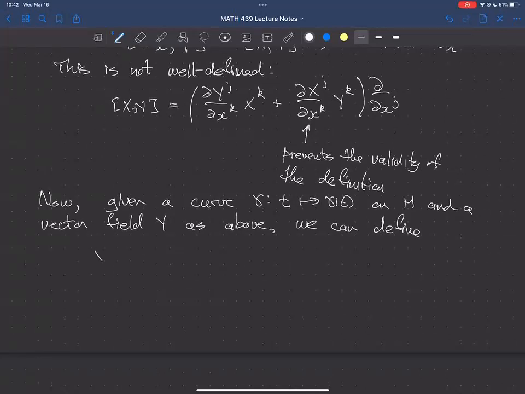So this is going to be nabla gamma prime y.